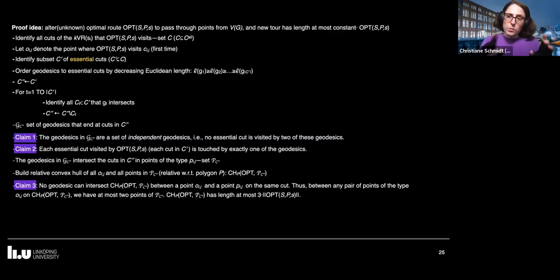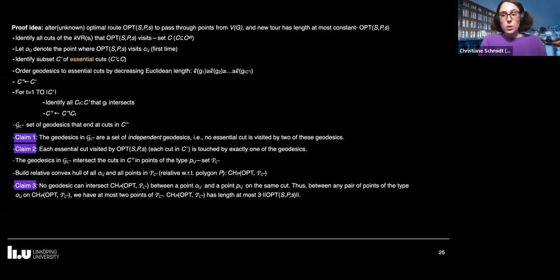If we look at this relative convex hull of the points of opt and the Pij points on the cuts that we're left with, then no geodesic will ever intersect between the point where opt visits and our candidate point on the same cut. And so if we have a pair of these points of the type Oj prime Oj on the optimal route, we can have at most 2 points of the Pij that we're left with on this relative convex hull.